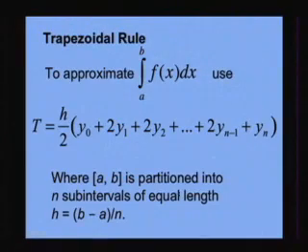We can approximate the integral from a to b of f of x dx, and use capital T, standing for the trapezoidal rule, that it's equal to h over 2 times the quantity y sub 0 plus 2 times y sub 1 plus 2 times y sub 2 all the way up through 2 times y sub n minus 1 plus y sub n, where the closed interval a to b is partitioned into n subintervals of equal length, which is h equals b minus a, that quantity, divided by n.